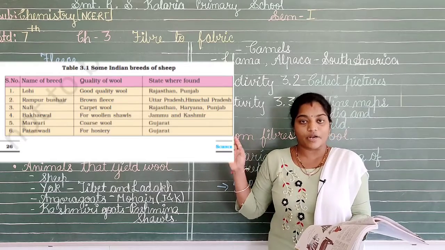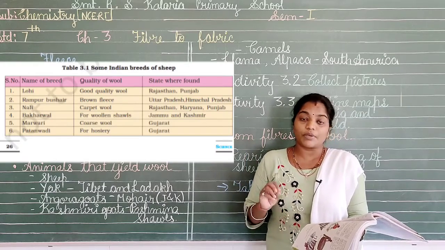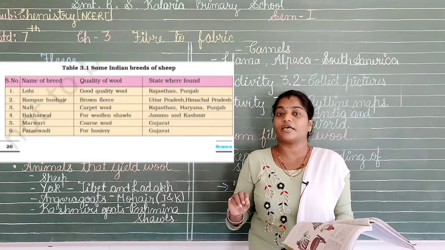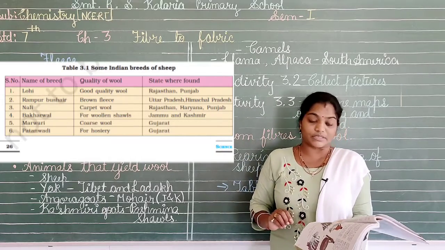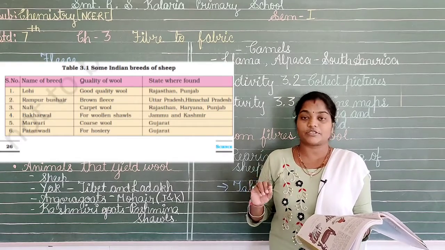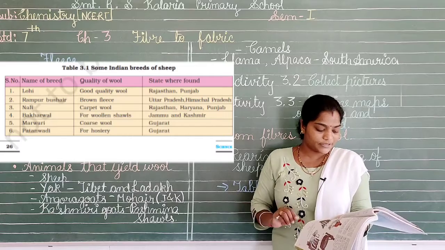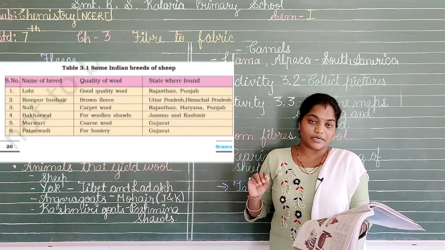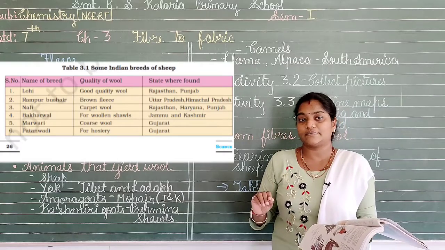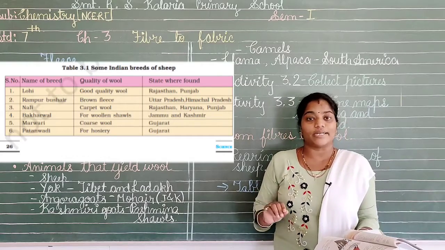Next one we have Rampur Bushehr, where brown fleece is available, found in Uttar Pradesh and Himachal Pradesh. Then next one we have is Nali, the carpet wool which is obtained from Rajasthan, Haryana and Punjab. The next one is the Bakharwal wool, used for woolen shawls, which is available in Jammu and Kashmir.